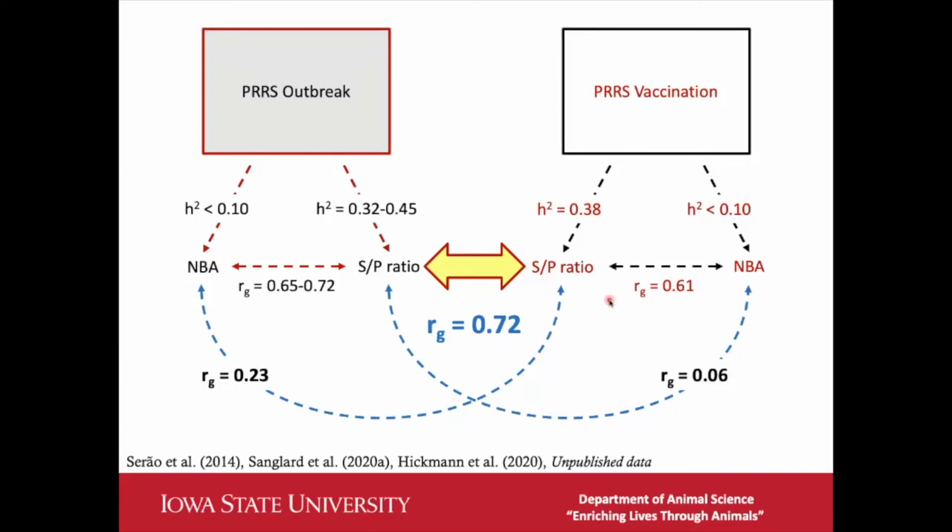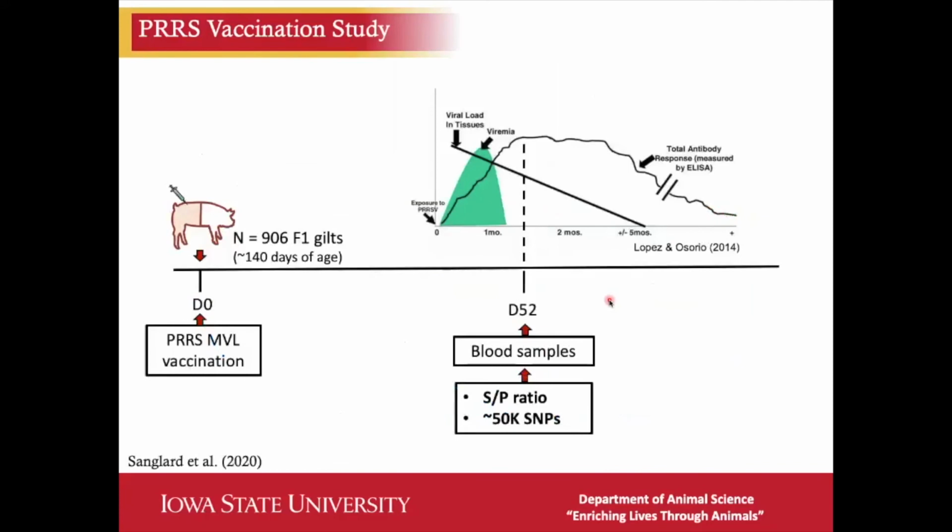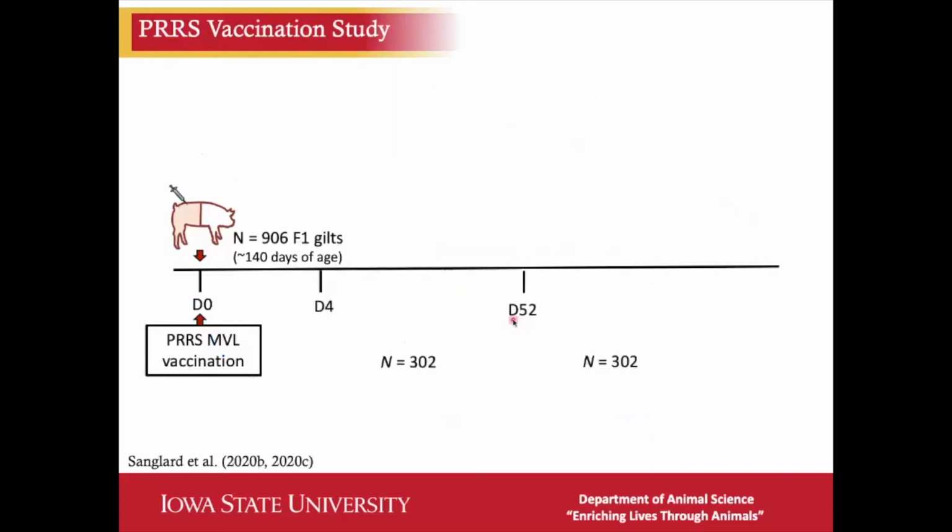And the other way that I want to briefly talk about is that in the same PRRS vaccination study, so this is the design that I showed you before. The animals were vaccinated, and 52 days later, they had blood samples collected. We also had animals having vaginal swabs collected at day 52 and day 4.